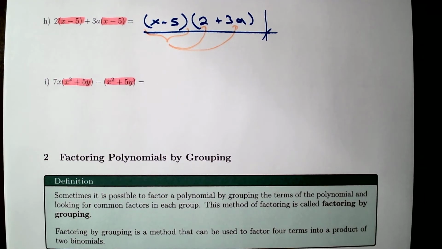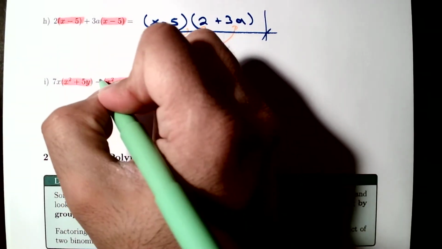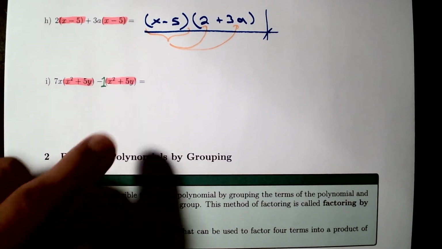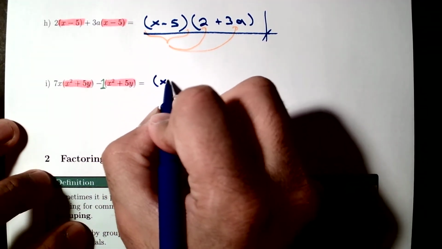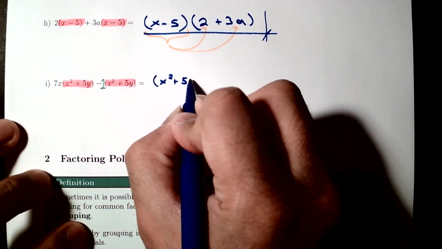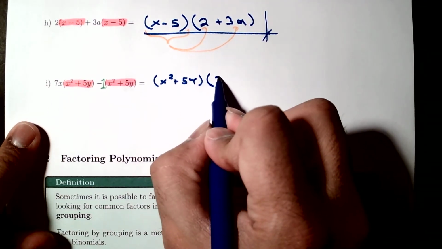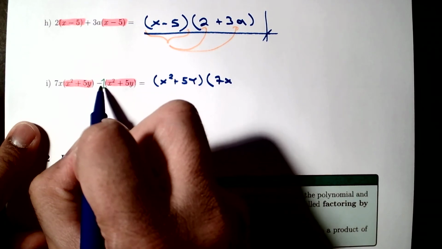But you need to be very careful here, because there is an invisible one going on there. Alright, so I'm going to factor out this x squared plus 5y, and that times 7x minus 1.